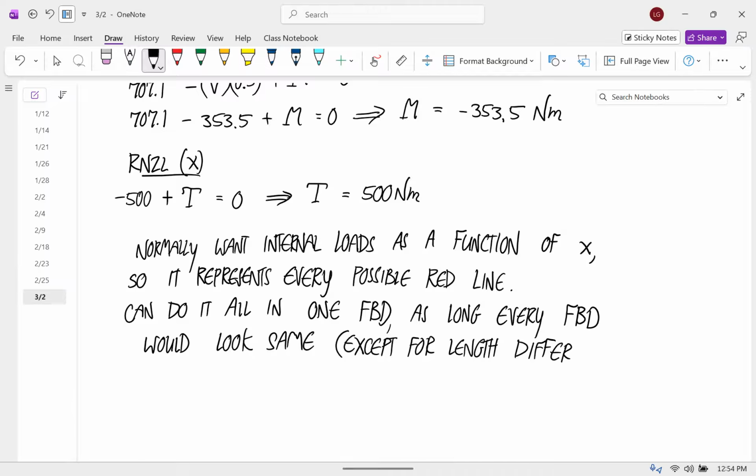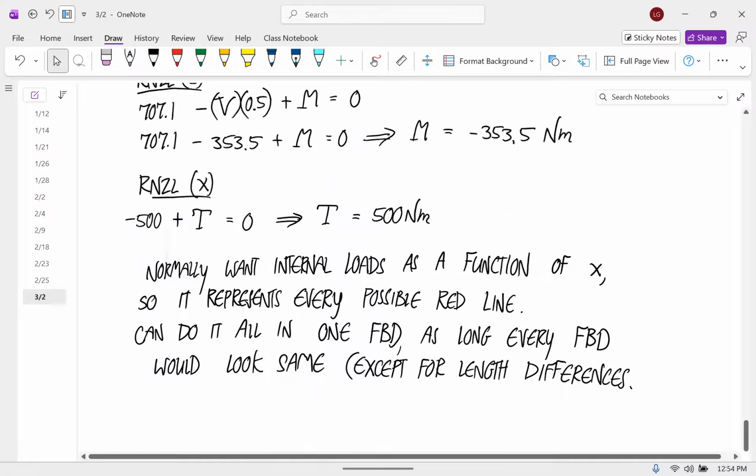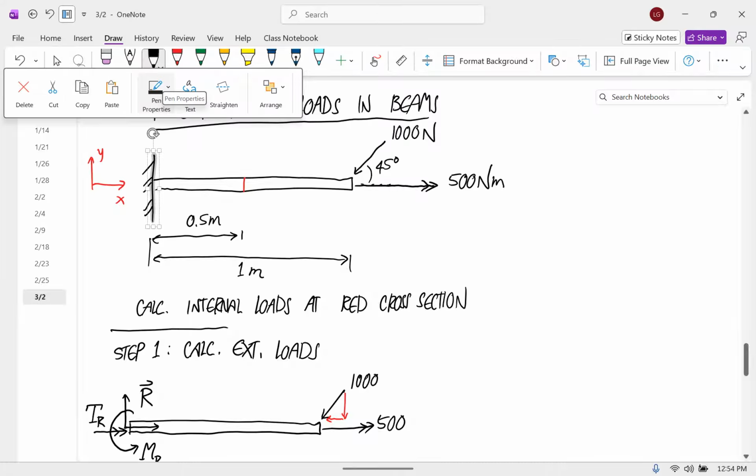So let's think about some of these free body diagrams that we would get if we moved this red line from where it is in the middle forward and backwards along the beam.